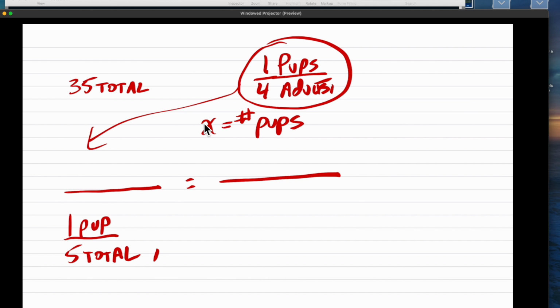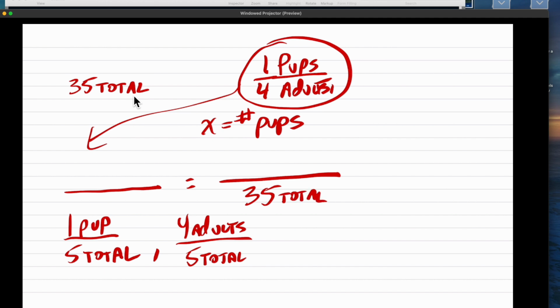And it also tells us there's 4 adults for every 5 total. Okay. Now, they give us that 35 total. That goes in part 2. x is going to be the number of pups.